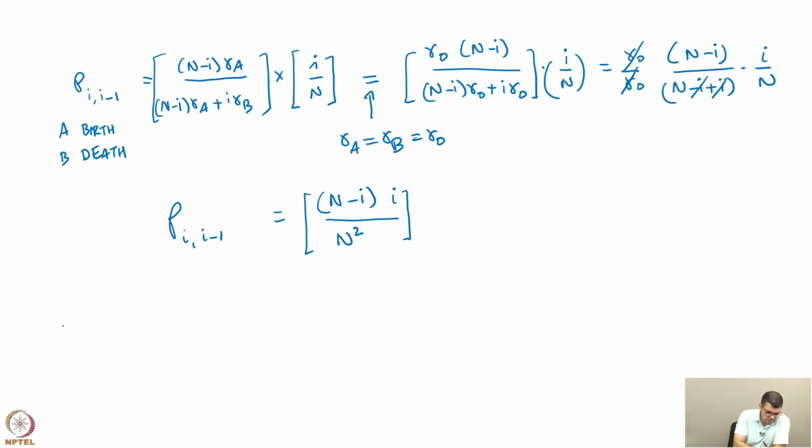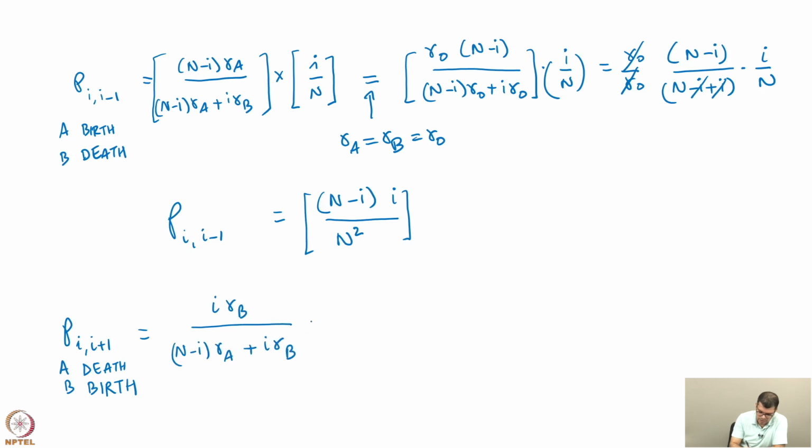Let us also do that transition probability from I to I plus 1, and this was A death, B birth. This comes out to be B birth is just going to be equal to I times R B divided by n minus I, the total fitness of the entire population, which is just this, times A death is just n minus I divided by n.